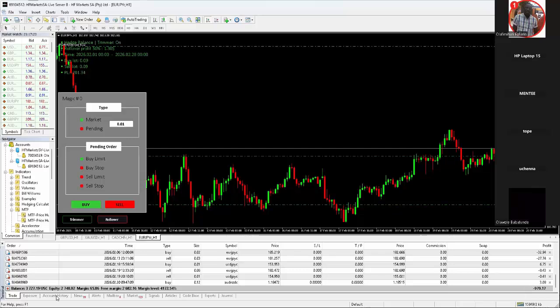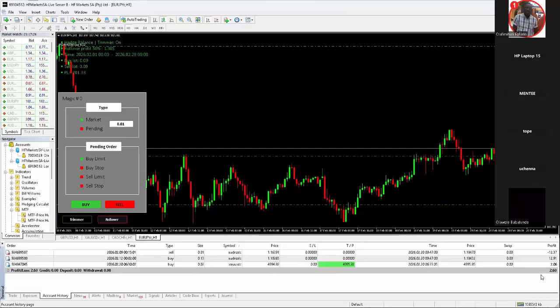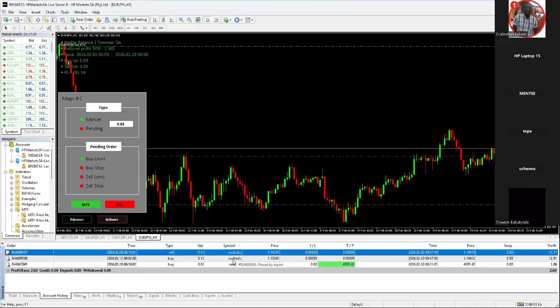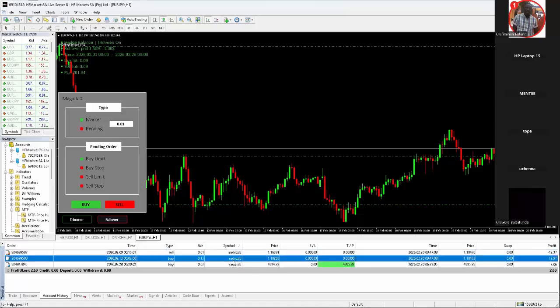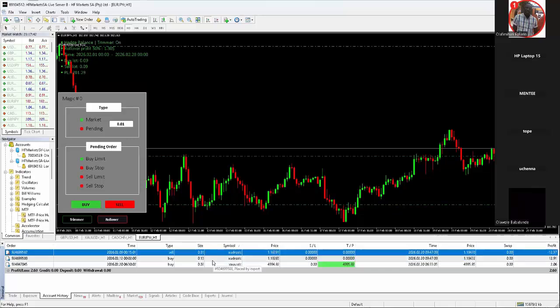But if you look at this trade, this is today. It does $2.60. And this AUD NZD is part of the trade of 2025. If you look at it very well, you can see that this is the handwork of trimmer.